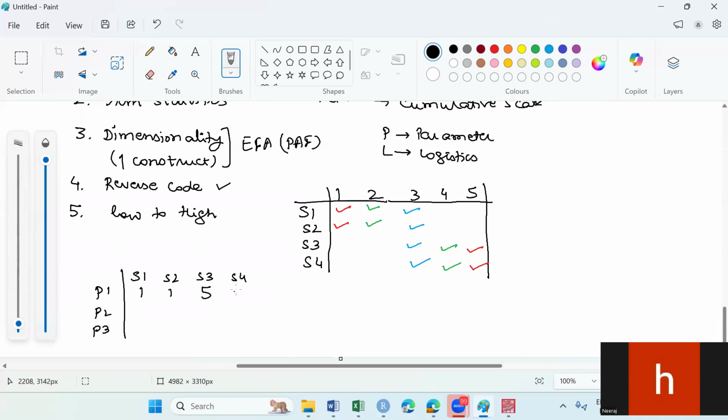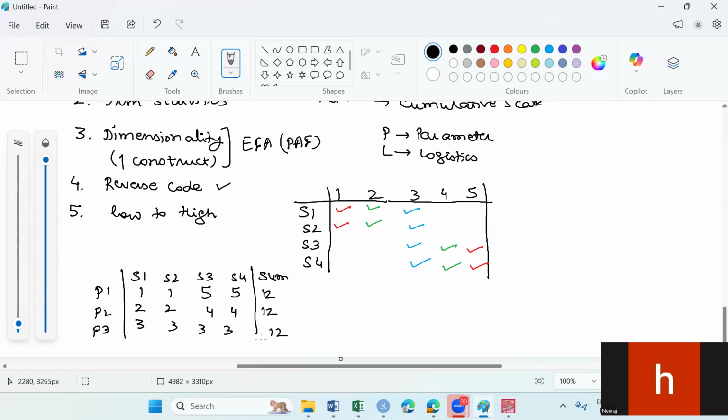Second will be 2, 2, 4, 4. Third will be 3, 3, 3, 3. Take the sum of them, summated rating scale. Sum is 12, 12, and 12. Our conclusion is all the people are of the same opinion. Dr. Raja, yes or no?